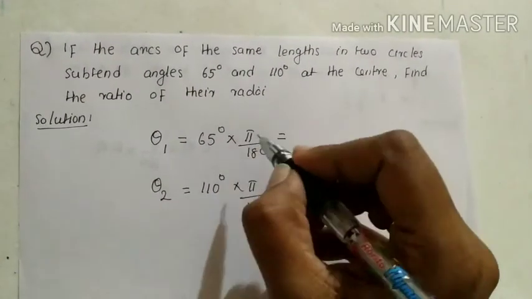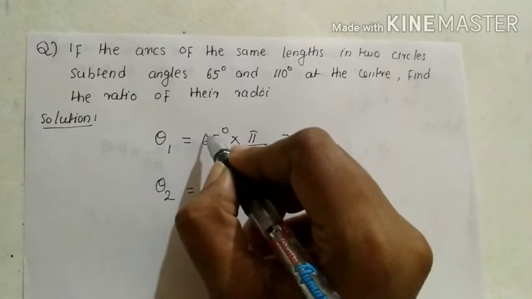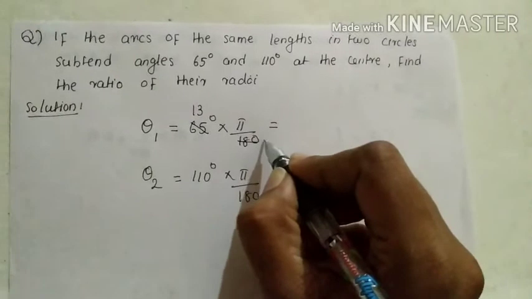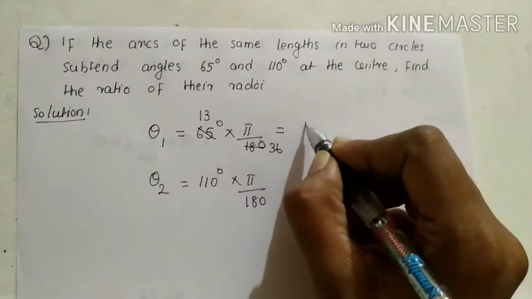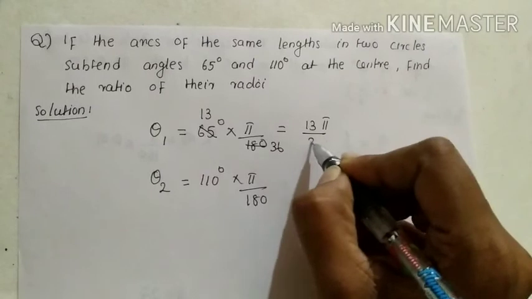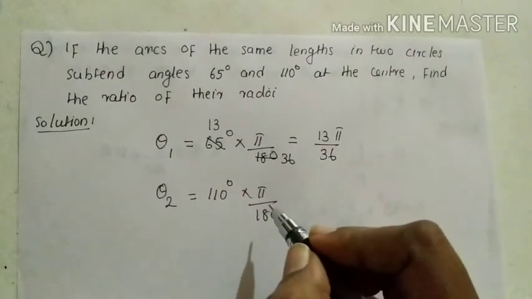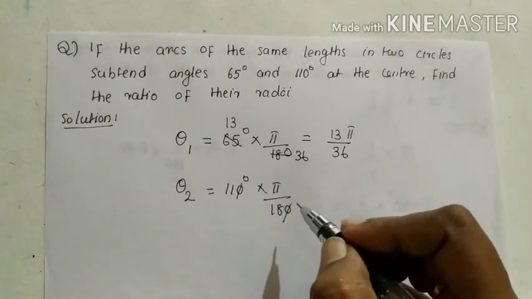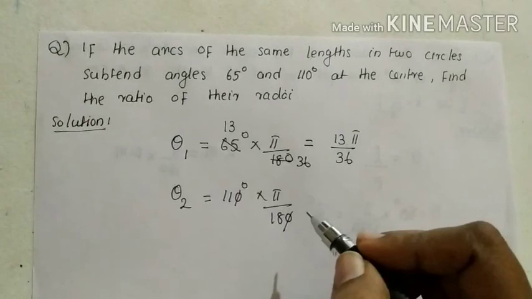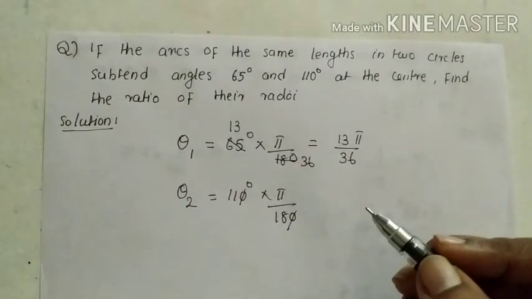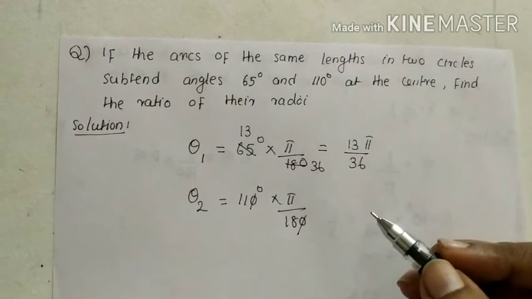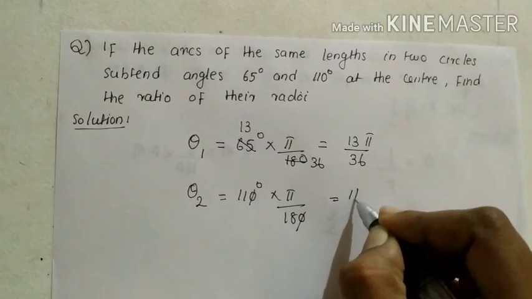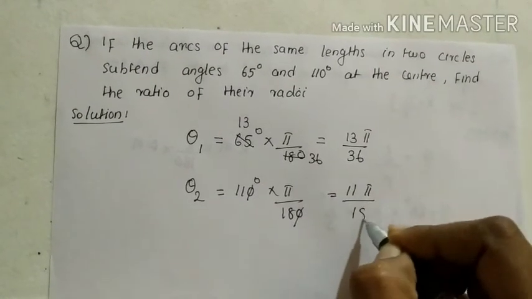So by using the multiplication table of 5, here we get 13 and here we get 36. So 65 degree is equivalent to 13 pi by 36. And also here these two 0 will cancel each other. 110 by 180. Okay, so here we get 11 pi by 18.